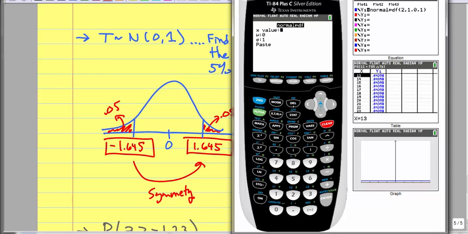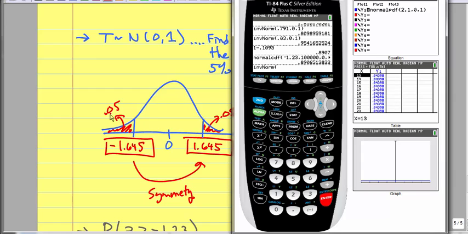Okay, let me clear this out and try again. Second DISTR, inverse normal. Oh, okay, here we are. Now inverse normal, the shaded area is 0.05. That's the area to the left. And then I put in a comma. My mean is 0, and my standard deviation is 1.